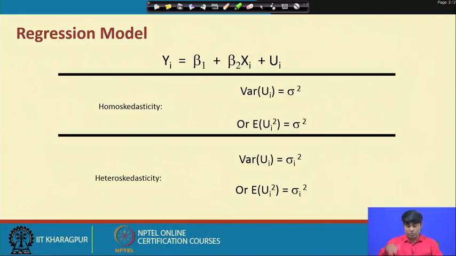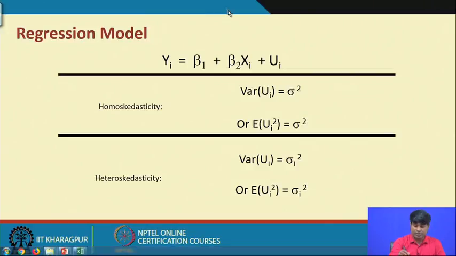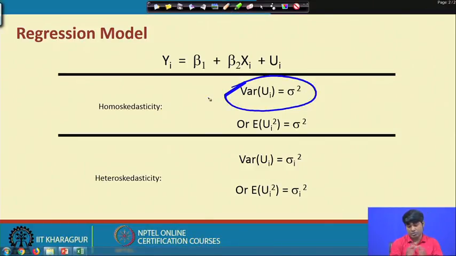Okay, now we will move to this particular process. To summarize, homoskedasticity represents the variance of the error terms, where sigma square u1, sigma square u2 up to sigma square uk are all the same, and as a result we simply write the variance of the error terms as sigma square, or the expected value of the square of the error term should be sigma square.